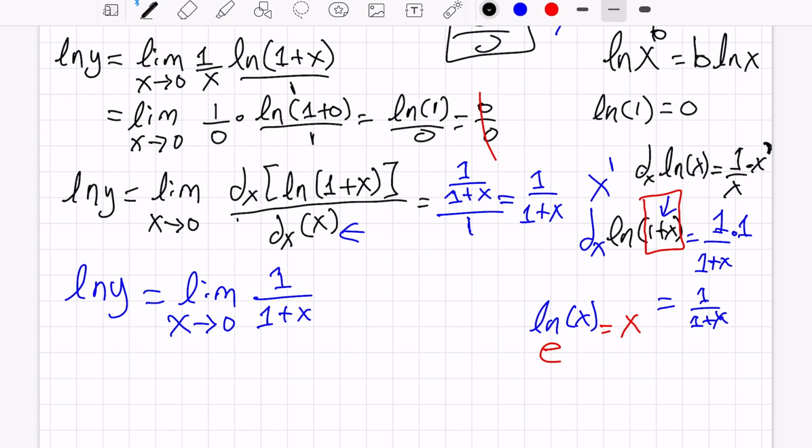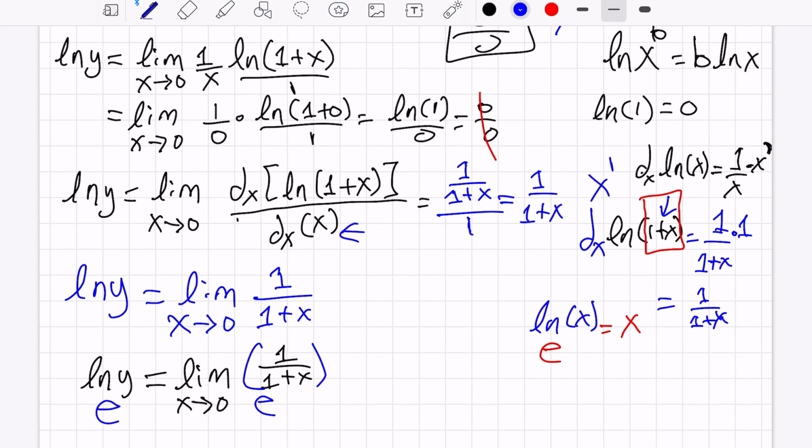We will raise the base e on both sides of the equation, so e to the ln y equals e raised to the limit as x approaches 0 of 1 over (1 + x).